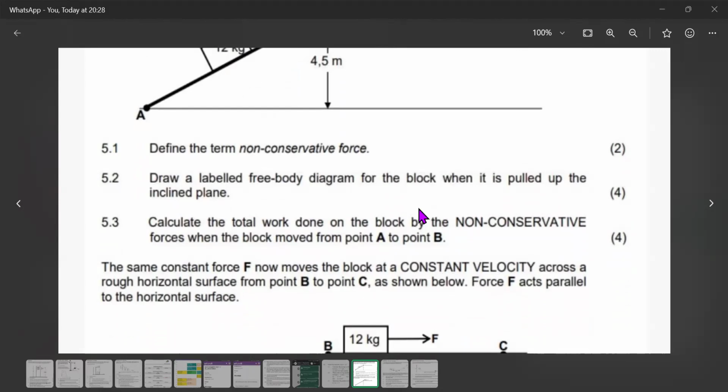It actually includes all those non-conservative forces, so it's finding the work done by all of them. It says the work done by non-conservative forces is equal to the change in potential energy plus the change in kinetic energy.